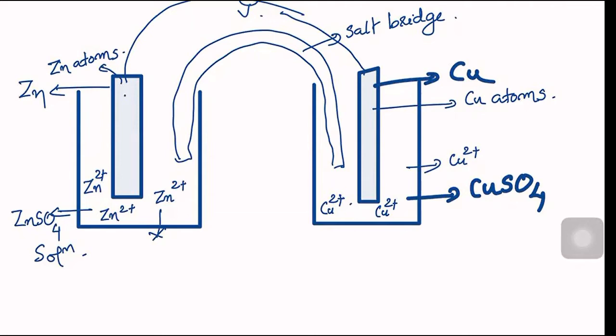Electricity produced means electrons moved from one place to another, either from zinc to copper or copper to zinc. We found that we got electricity when we connected a voltmeter. Now we have to see from where to where the electric current or electrons move.